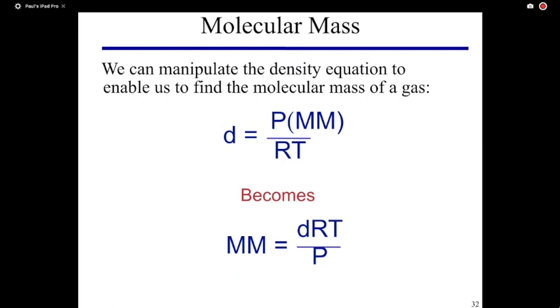You can memorize two separate equations, one for density and one for molar mass, and be done with it. No thinking involved, just memorizing. Or you memorize one of them and then you can always solve for the other. It depends upon how much you want to memorize and how much you want to think. There's always an option. All right, and so I will make you solve for a molar mass and a density on the exam. You'll have at least one of each.